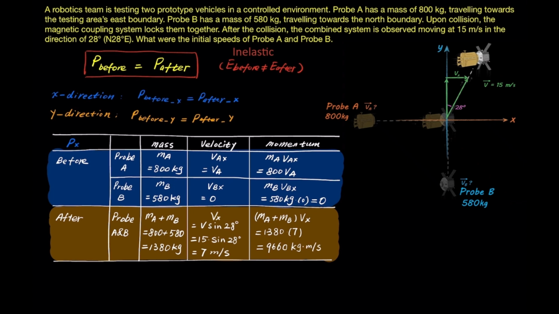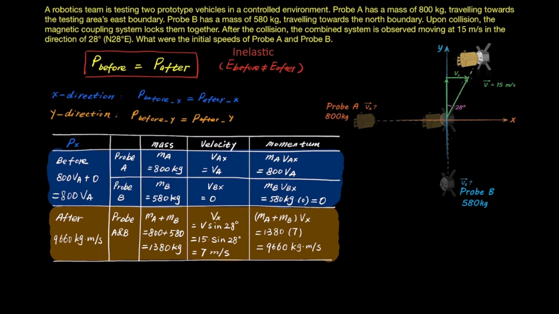The total initial momentum before the collision in the x direction is the momentum of probe A plus probe B, which is 800 VA plus 0, which equals 800 multiplied by VA. And the total momentum after the collision is simply 9,660 kilograms meter per second.